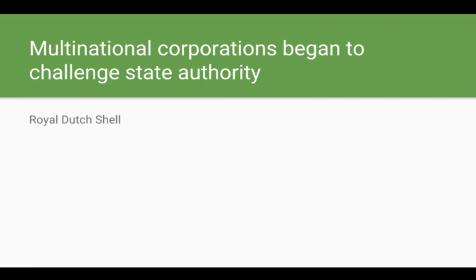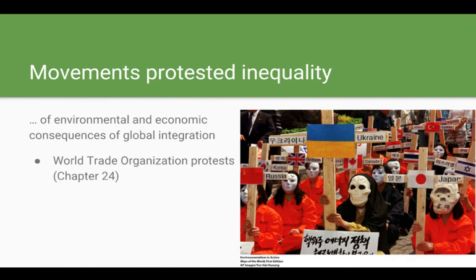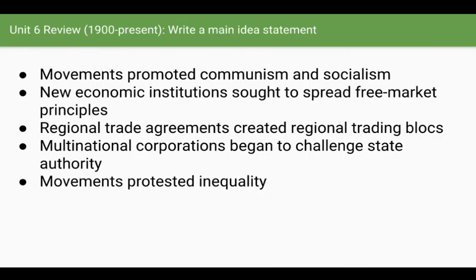So that's what we mean by a multinational corporation, is that it's politically powerful in those countries as well. And there were some movements to protest the perceived inequalities of the globalization era from an economic standpoint. And chapter 24 talks about some protests at a meeting of the World Trade Organization as an example of that. So I think one main idea statement is good for here.